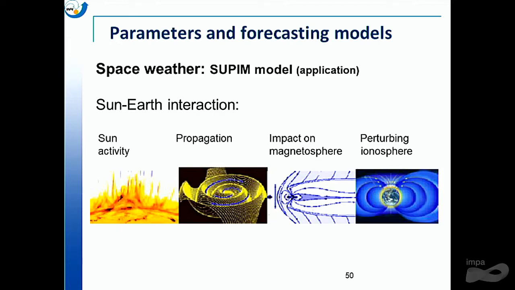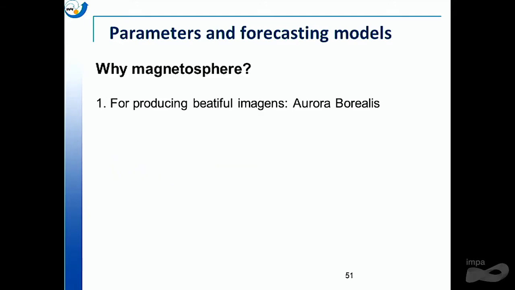SUPIM model is the dynamics of the ionosphere. And this is when you have some sun activity, and then this activity is propagated from the Sun through the heliosphere, impacts the magnetosphere, and there is some consequence like impact on ionosphere dynamics.